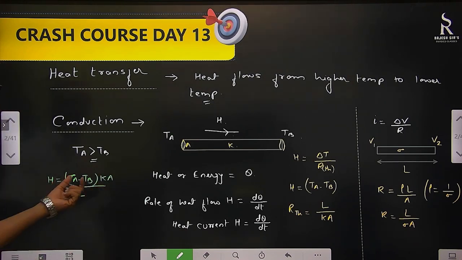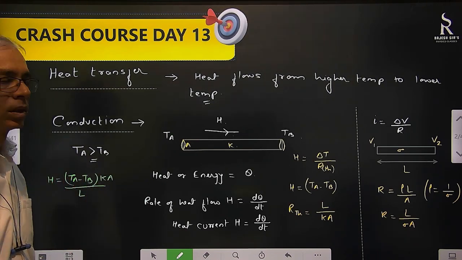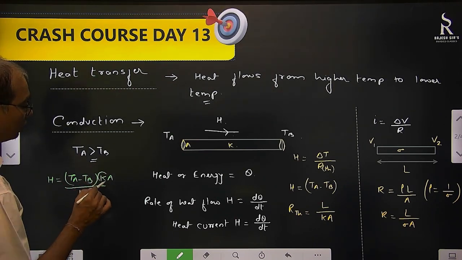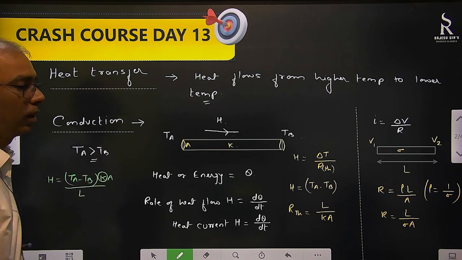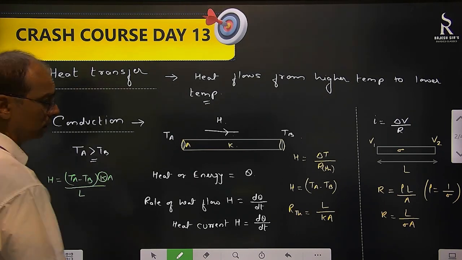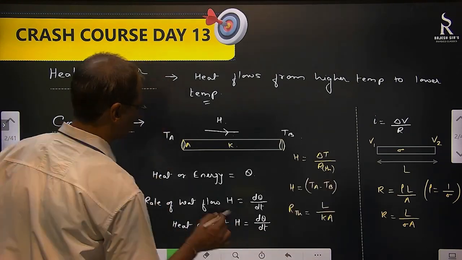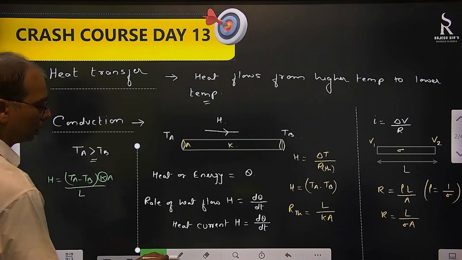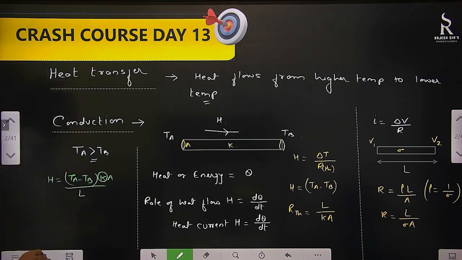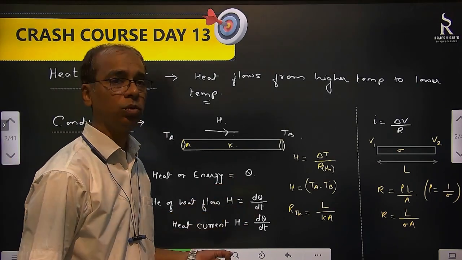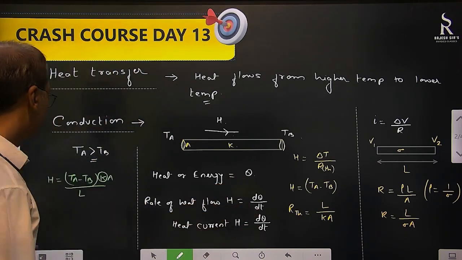So it is KA delta T by L. Now the question comes: what is the unit and dimension of K? Let's see. Here H is the rate of flow of heat, that means joule per second. Joule per second means what? So we can write over here what?